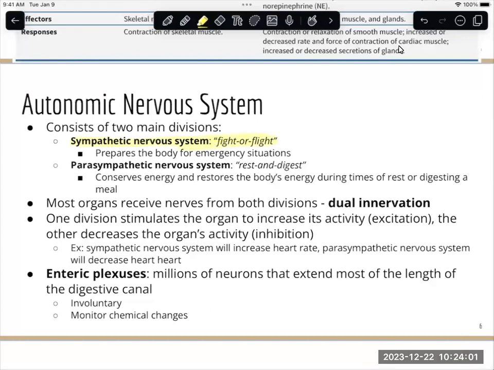This is preparing the body for some sort of emergency situation. We also have the parasympathetic nervous system. This is that rest and digest. We are working to conserve energy and restore energy after you put your body through some sort of stressful event.